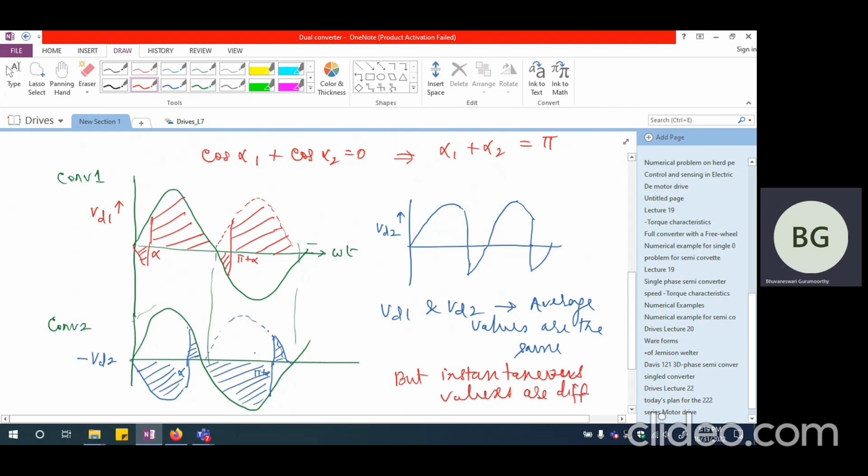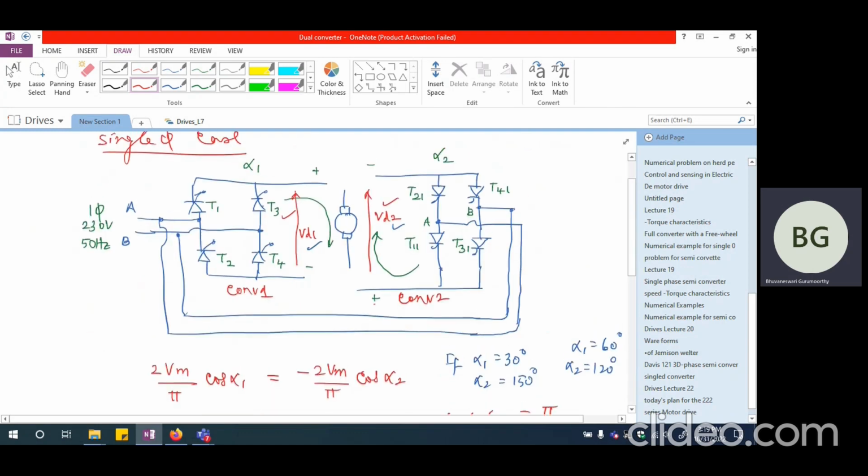They are not going to be the same. Because the instantaneous values are different, there will be some amount of circulating current, so we need something to limit the increase in the circulating current.